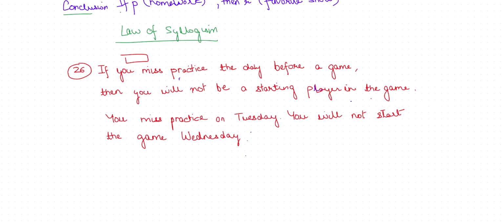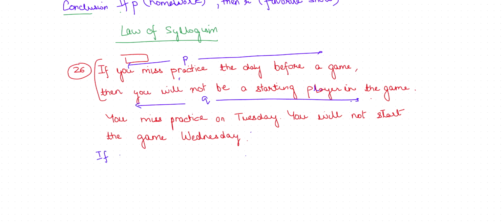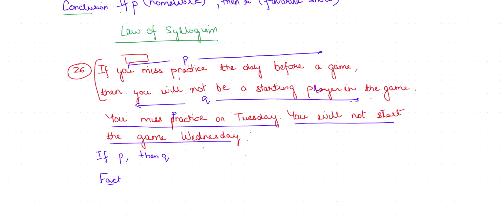Here this is P, and this is Q. So this is a rule, if P then Q. Now the fact used is that you missed practice on Tuesday. Okay, this is P. So the conclusion is that you will not start the game on Wednesday.